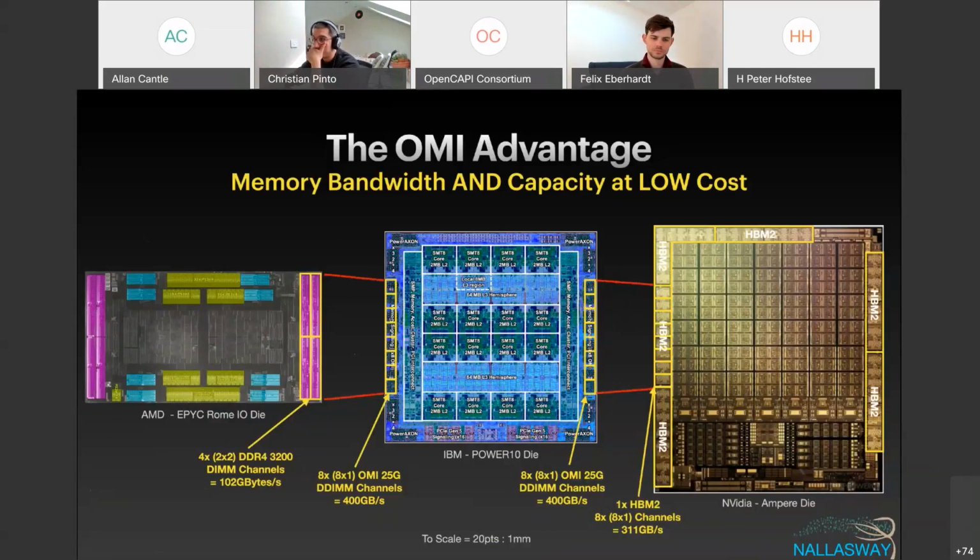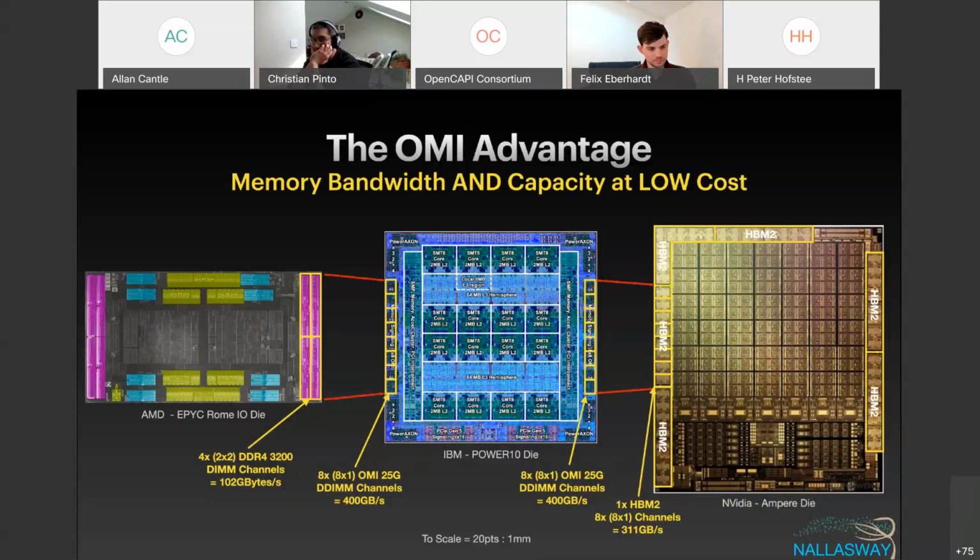And on the left-hand side, we've also got the AMD EPYC Rome IO die with 4 DDR4 memory channels on one edge as a beachfront comparison between the two. From a beachfront perspective, we're roughly the same: 8 OMI channels consume roughly the same beachfront as 4 DDR4 memory channels on the EPYC die.